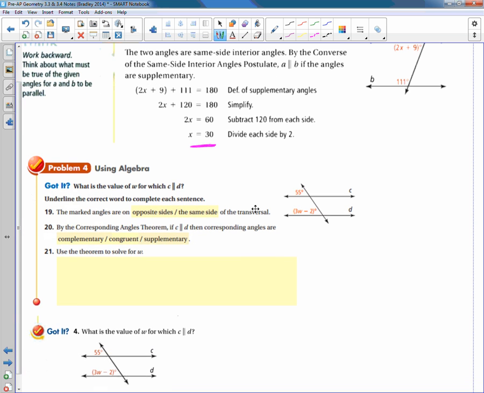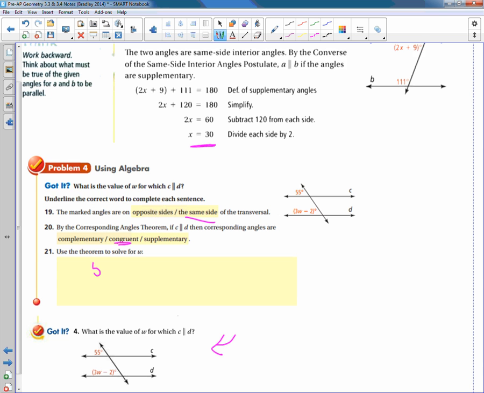So let's look at this next one. Same concept, and this right here is exactly how the question would be asked. Do you see that? What is the value of W for which C is parallel to D? Well, what type of angles would they be? They're same side and they're corresponding, which makes them congruent.